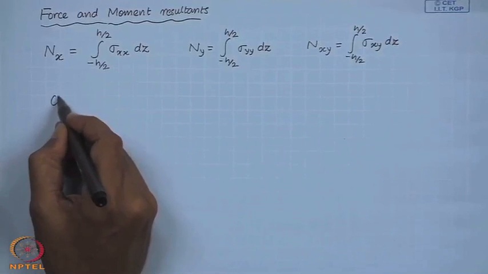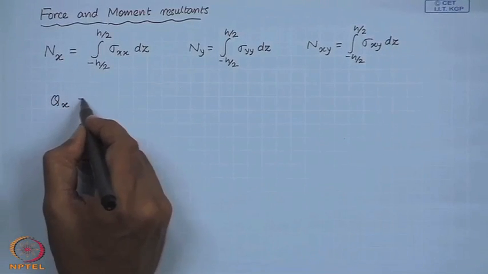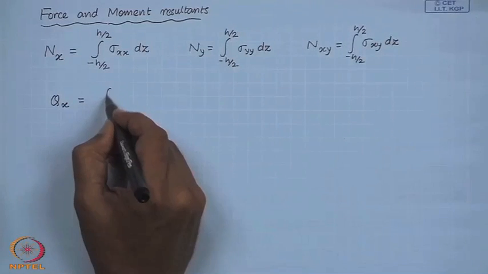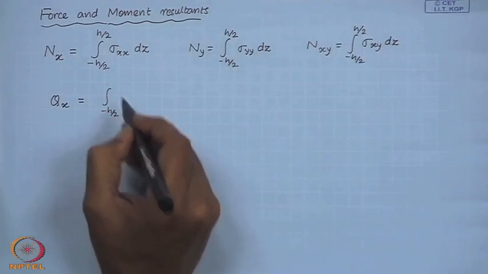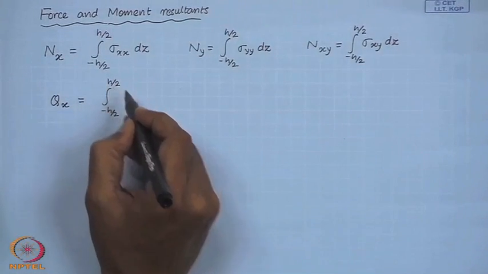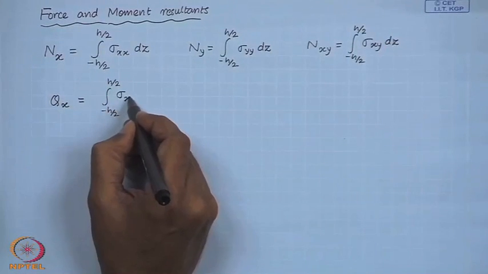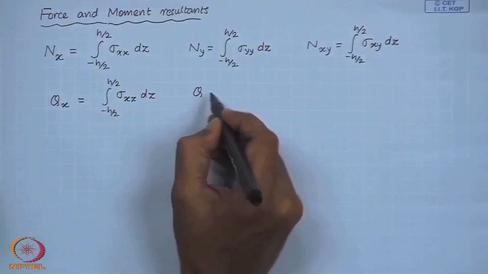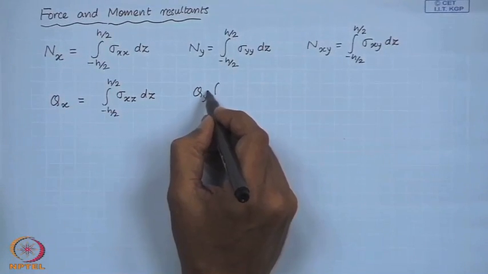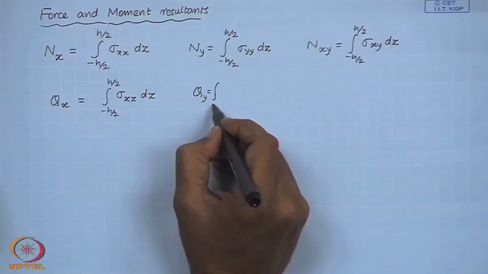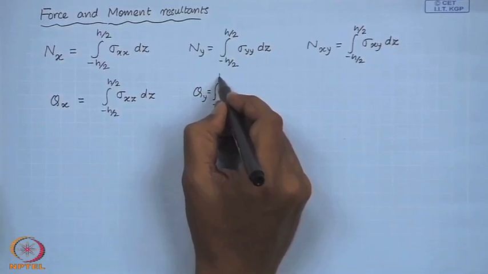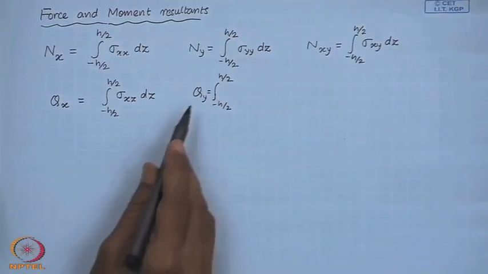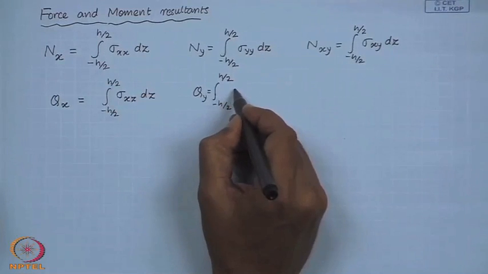Then we have the out of plane shear stress resultants, which we denote by capital Q x and capital Q y.